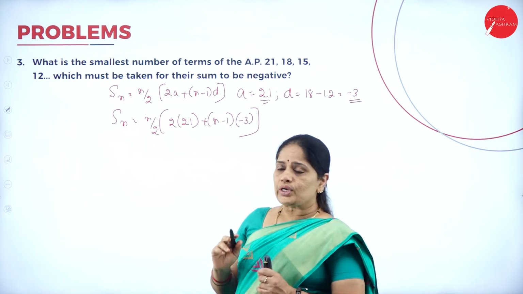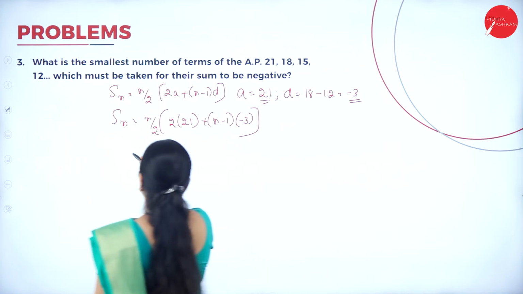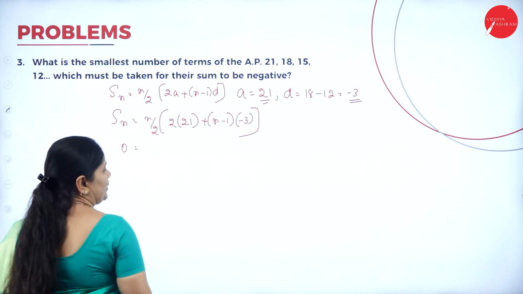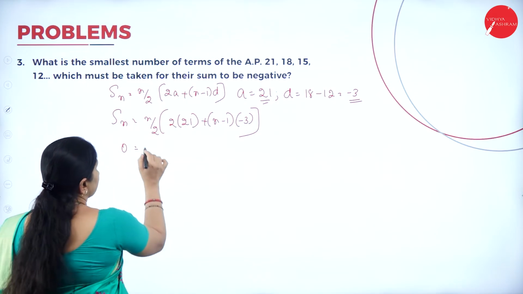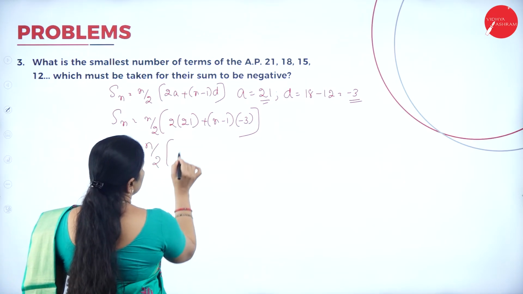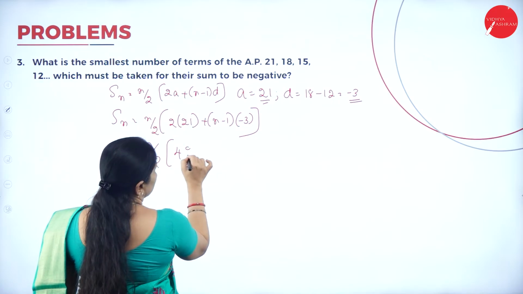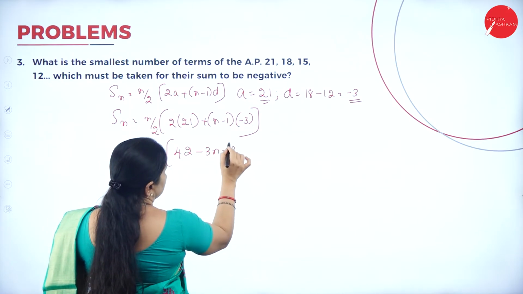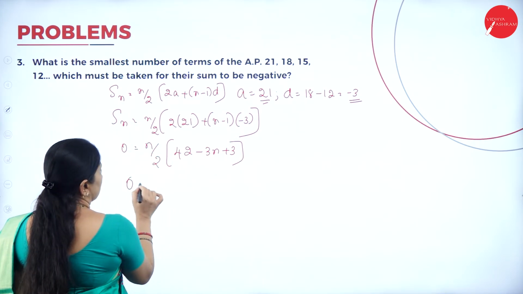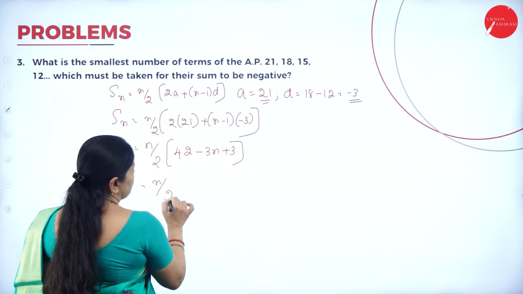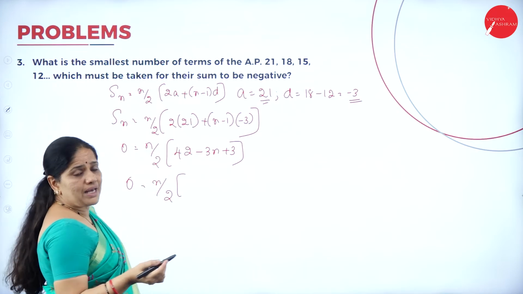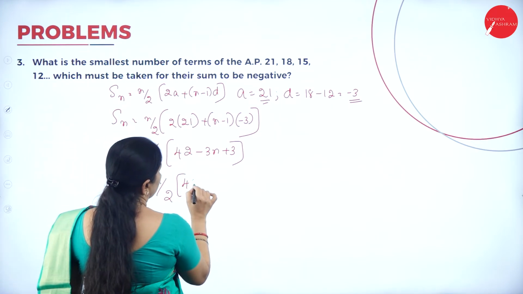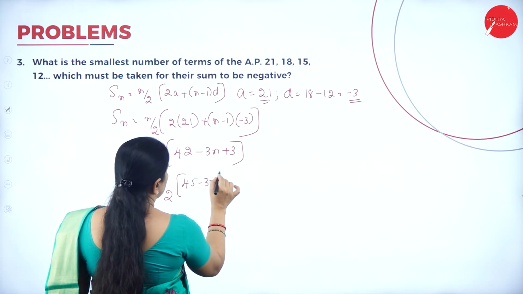Negative means 0 here. So we have to assume that Sn equals 0. So I take n by 2 into 2 2s are 42 minus 3n plus 3. So this will be 0 equals n by 2 into 42 plus 3 is 45 minus 3n.